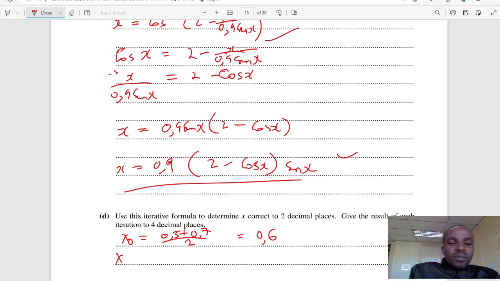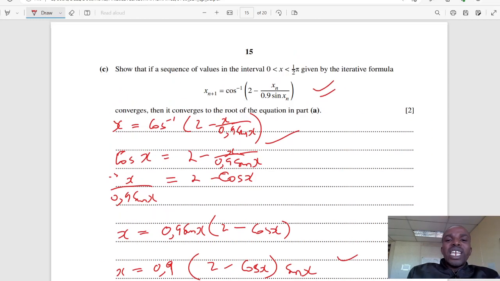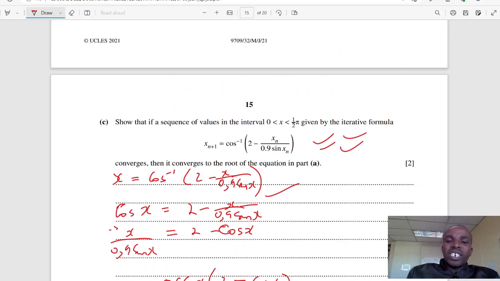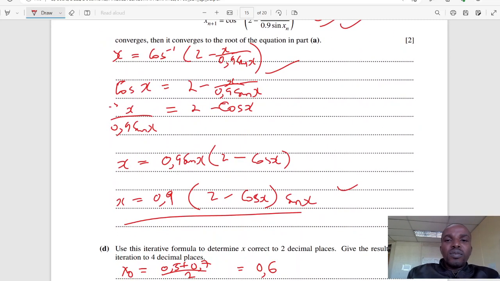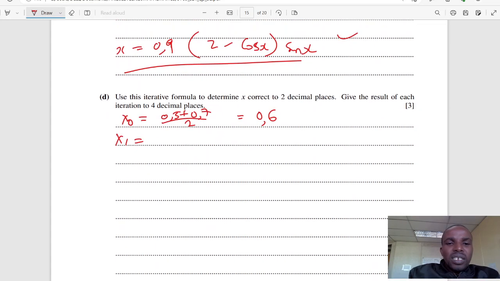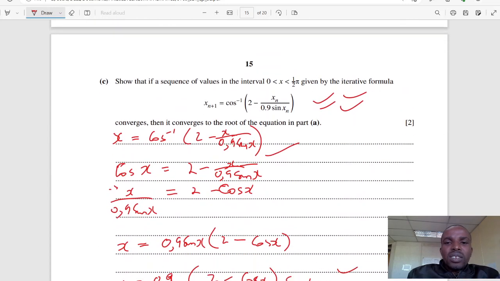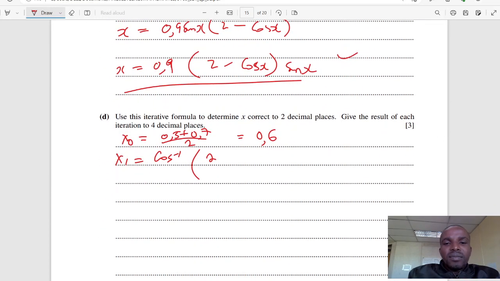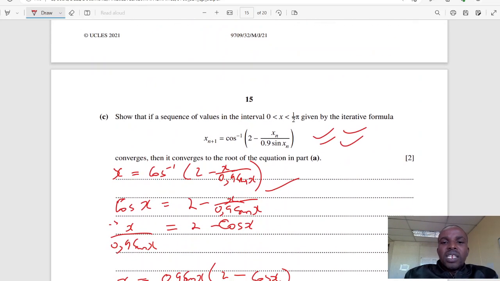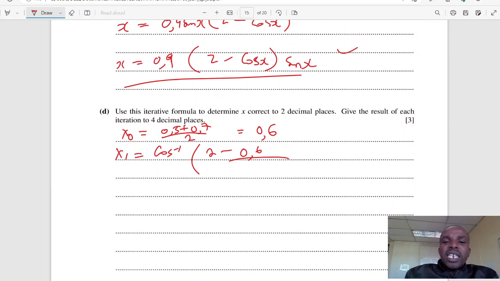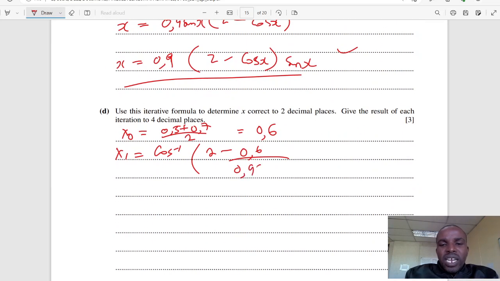Then x1 is equal to, use x0, but you must use this equation. So it's arc cos of (2 minus xn), that is 0.6, over 0.9 sin xn, 0.9 sin 0.6, like this.